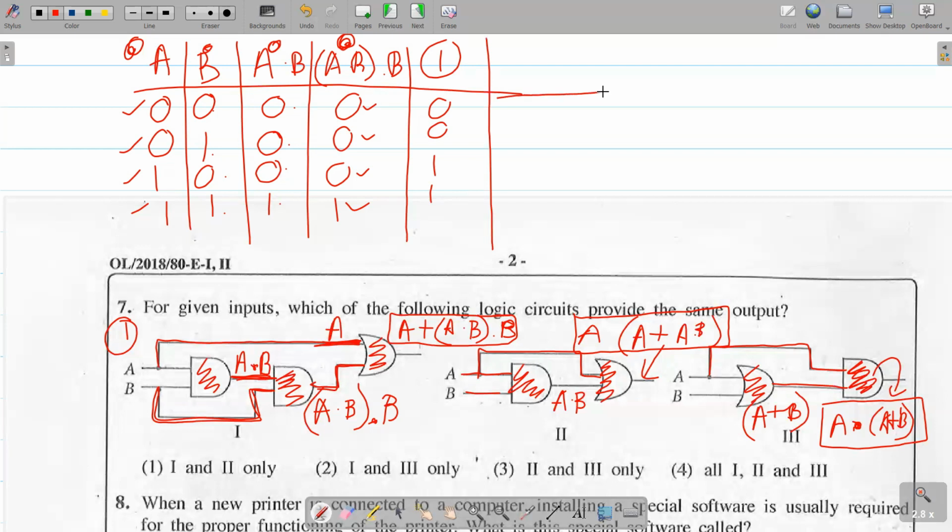And let's think about the second one. It's A plus A dot B. We have A dot B already over here, and A is over here.